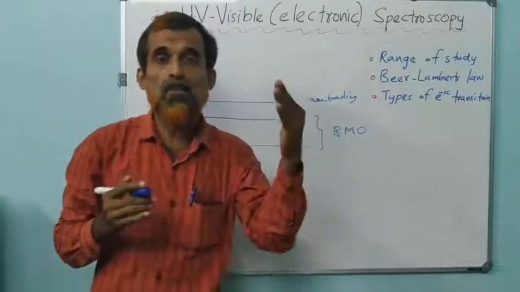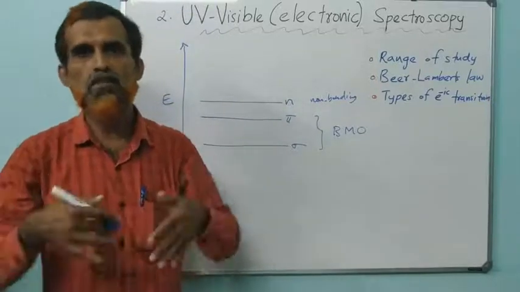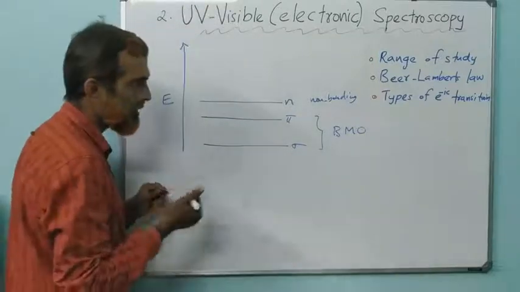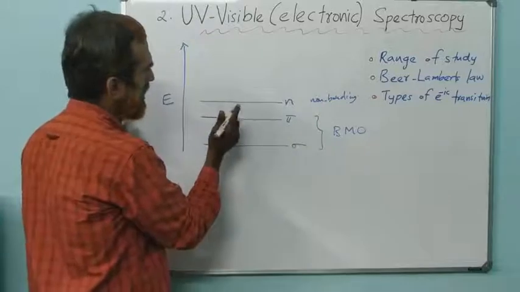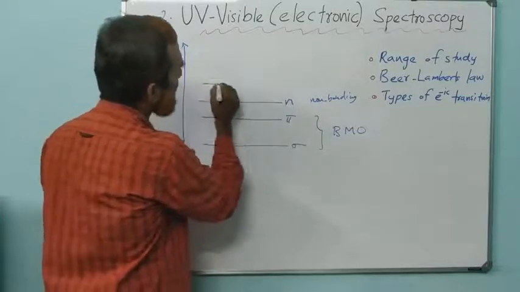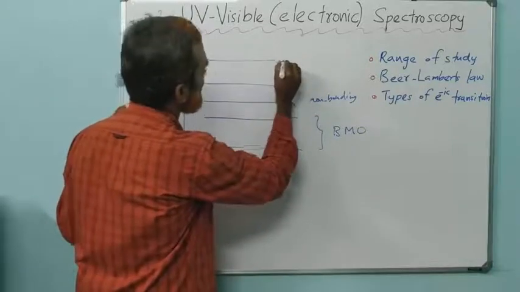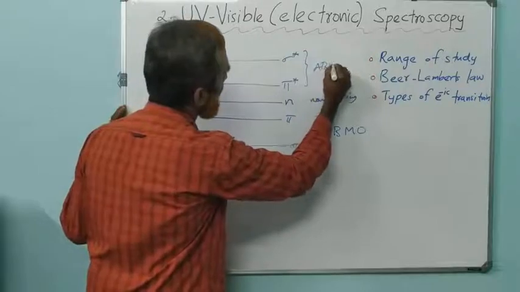They remain in what are called non-bonding orbitals, which are not taking part in LCAO combination. So the lone pairs, non-bonding electrons, and then the antibonding orbitals will be this is pi star and this is sigma star, which are the anti-bonding molecular orbitals.